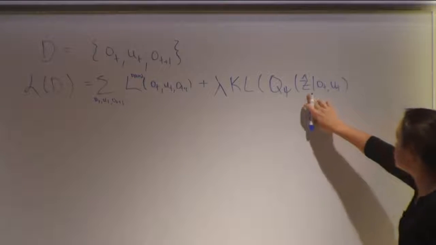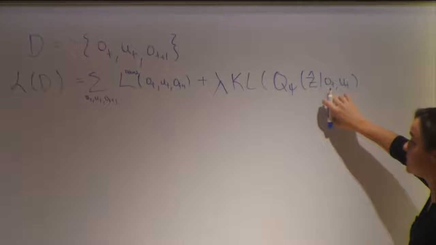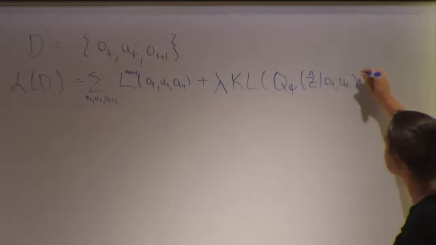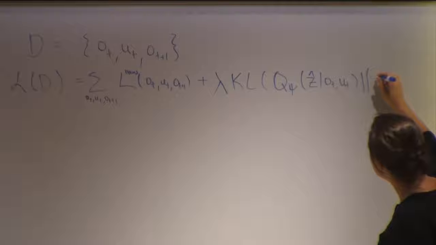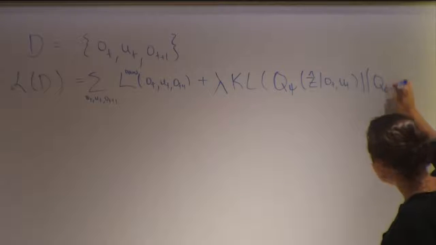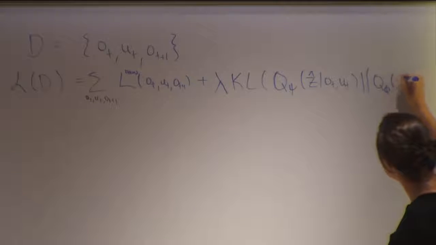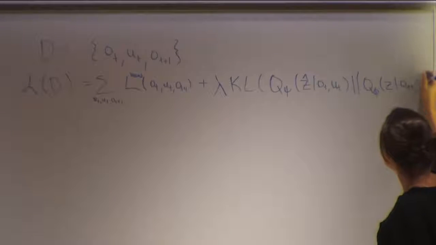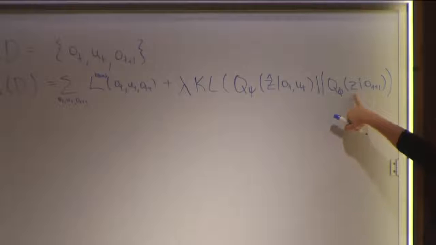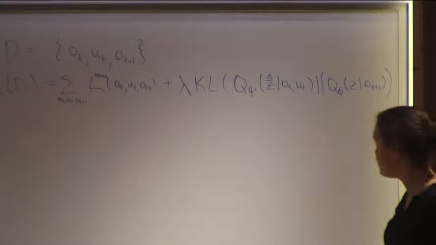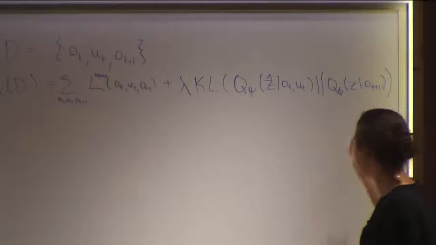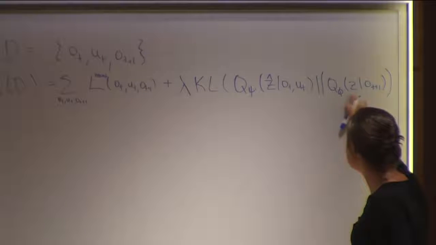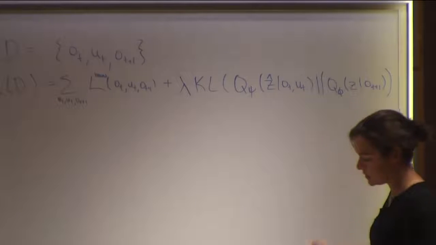So this is your next embedding given your current observation and your current action, and q_phi of z given o_{t+1}. And so this is the likelihood of seeing an embedding z given your next observation. I'll go over that in a second.